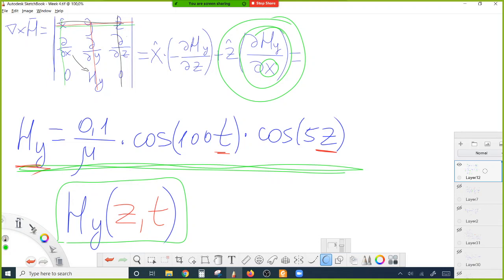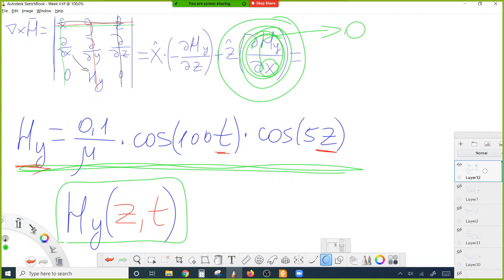Hy is constant in terms of x. Okay, as Hy is not a function of x, this derivative term will be 0.